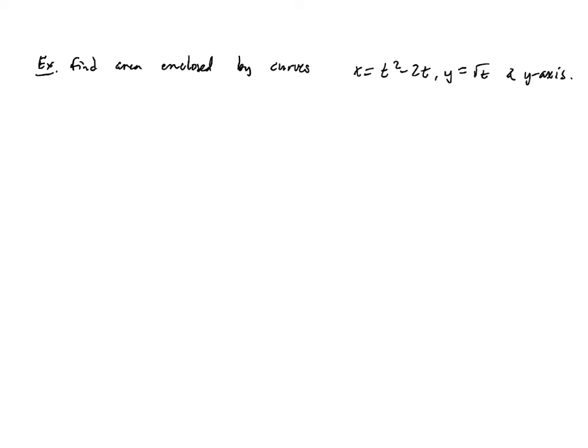It is always really important to graph these curves before you start doing any sort of an area problem, and this example shows you why. I'm interested in using the y-axis as one of the boundaries, so in order to find the t limits for my parametric curve, I need to figure out where it intersects the y-axis.